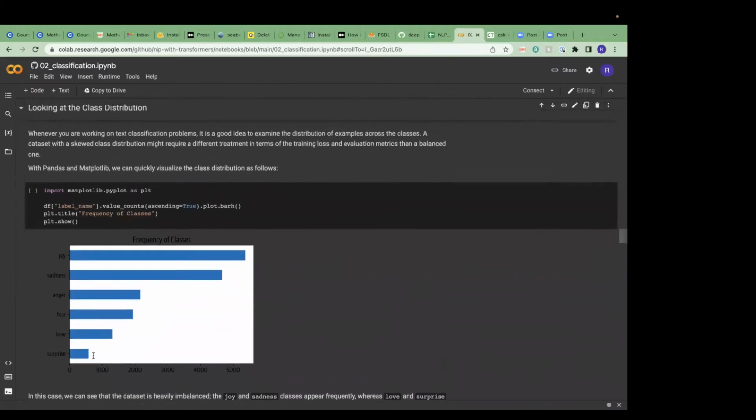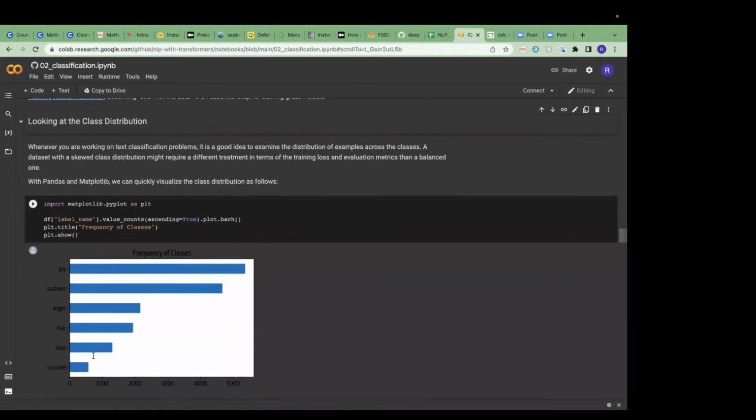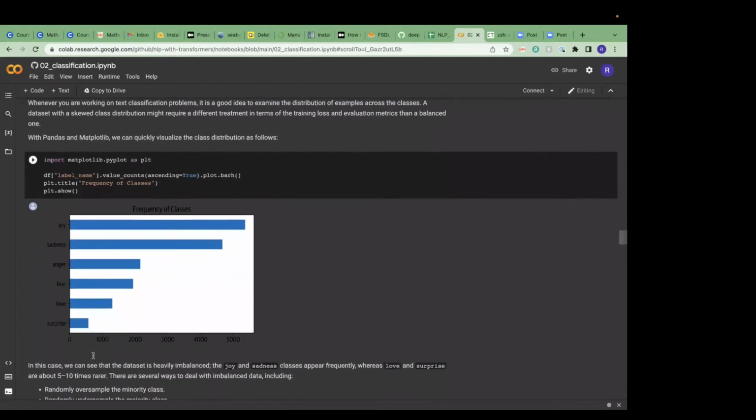So you want to make sure to look at the class distribution beforehand, so that your transformer is not using tricks to get good accuracy, or using information that is surface level. For example, in this case, the data is pretty skewed.